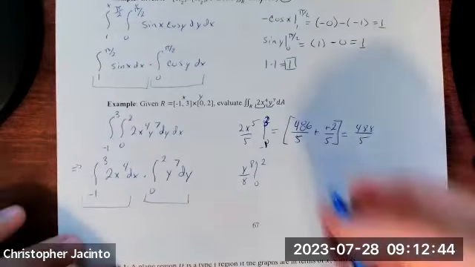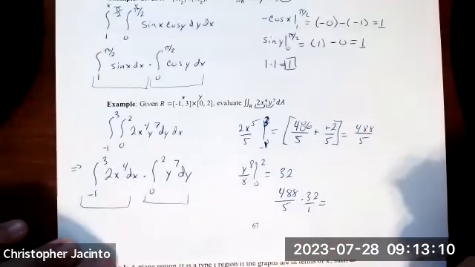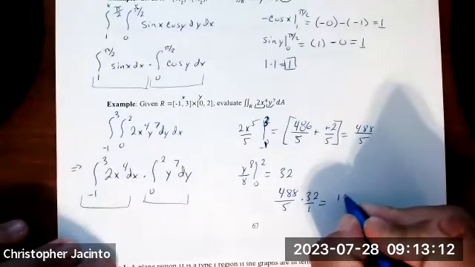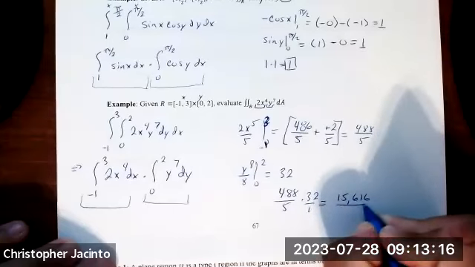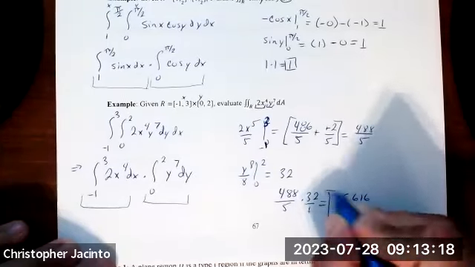And now all we do is put this up there. There we go. Looks better. And now we just multiply. So I got 15,616 all over 5.